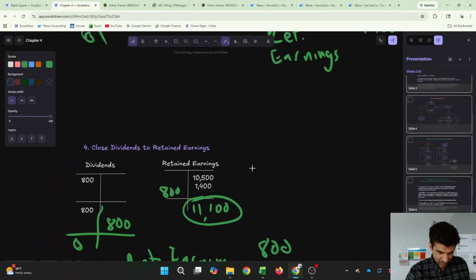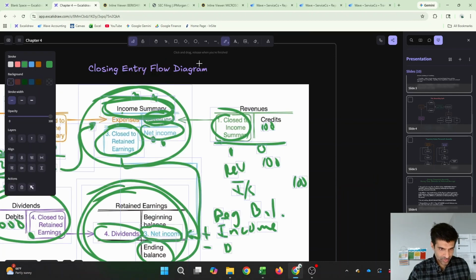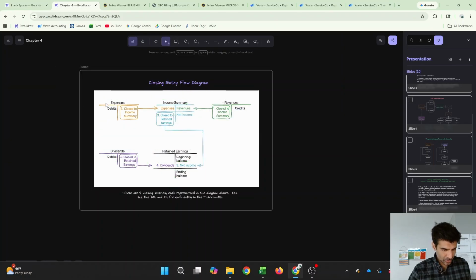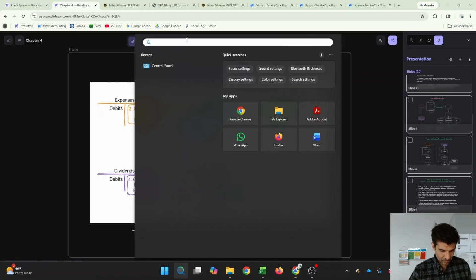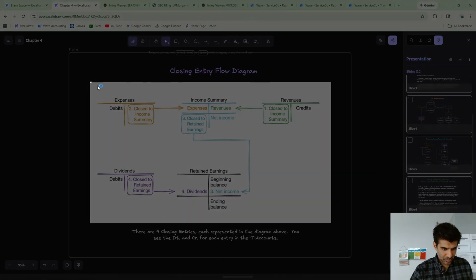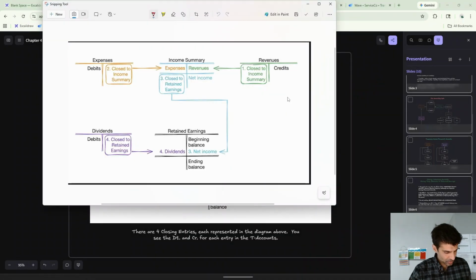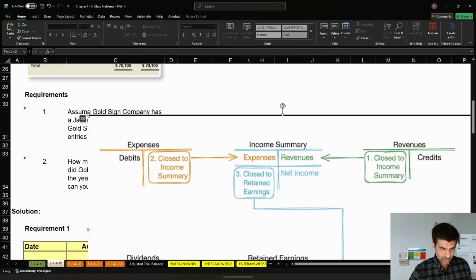Maybe I'll copy this diagram, which is all messed up. But let's see. Okay, so I'll put this on the spreadsheet here, and it can help guide you.